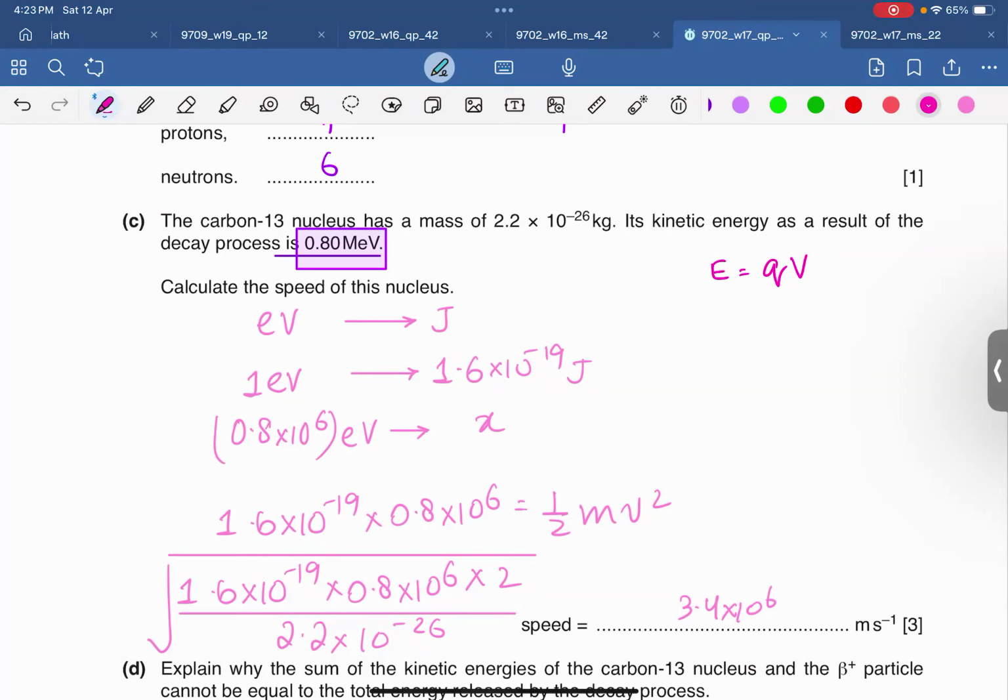So if you move a charge of one electron, which has a value of 1.6 exponent negative 19, by a voltage of 1 volt, then the moving charged particle will have the kinetic energy equivalent to 1.6 exponent negative 19 joules. Okay, guys, is that clear?